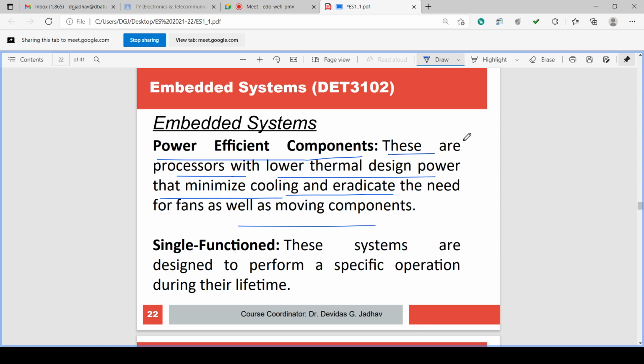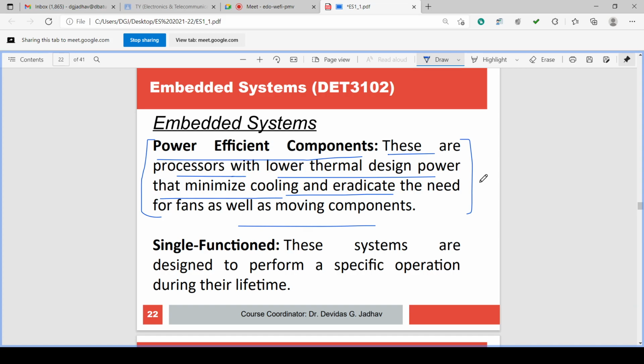Thermal eradication may be done with thermal heat sinks. So the components are made power efficient, and the heat generated due to power consumption is also eradicated by cooling. So power efficient components are required. If they are not power efficient, they will heat up and reduce the efficiency also.